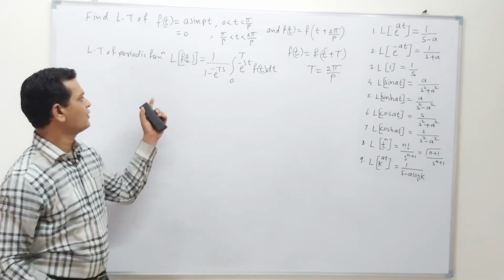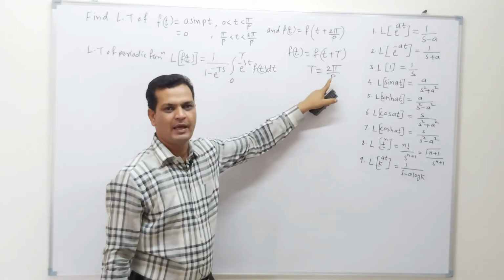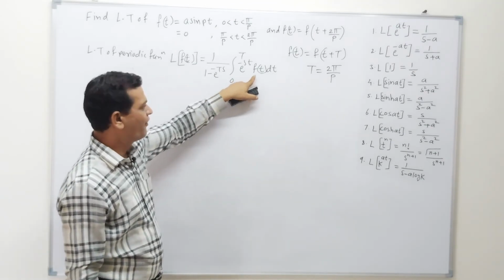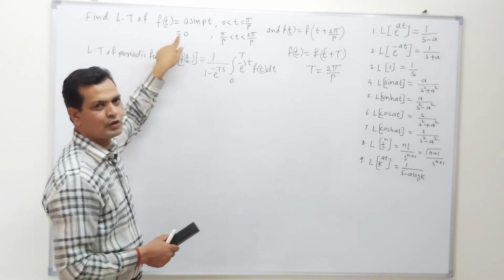Now to find this integration, put the value of capital T, which is 2 pi upon p, and put the value of the function f of t. But here f of t is split into two parts.